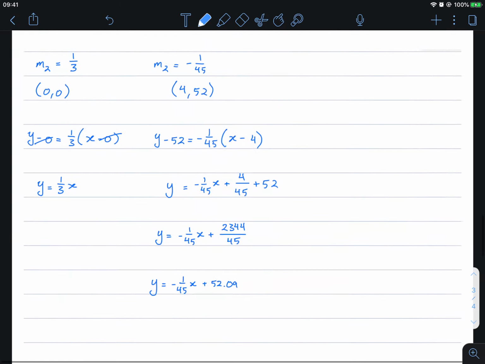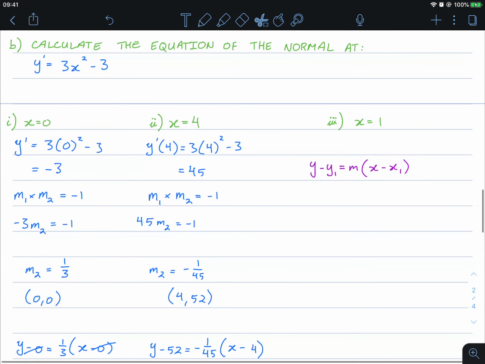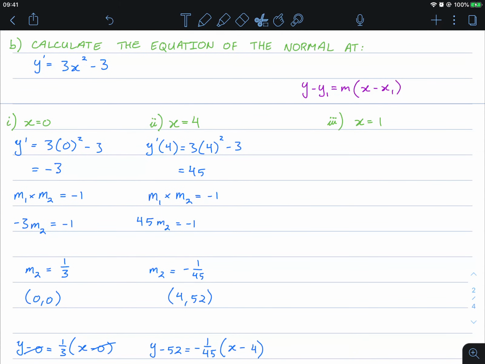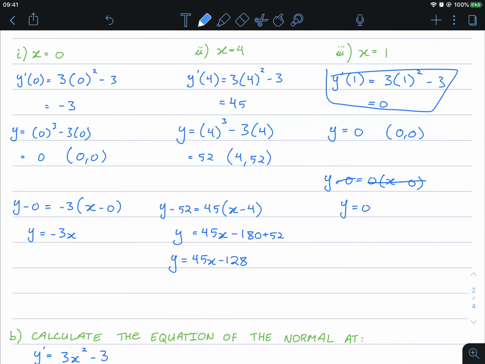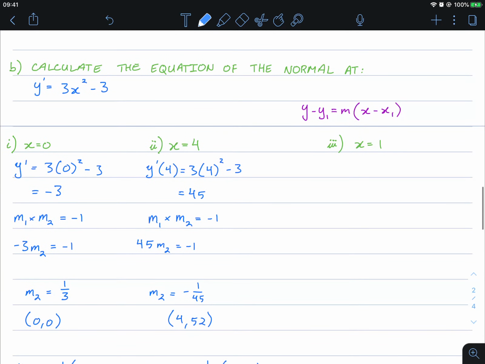One last example. x equals 1. I believe we already have its normal. Here's where it gets slightly more tricky. We have the gradient as 0. So the gradient at this point is 0. Visually, this will look like so.